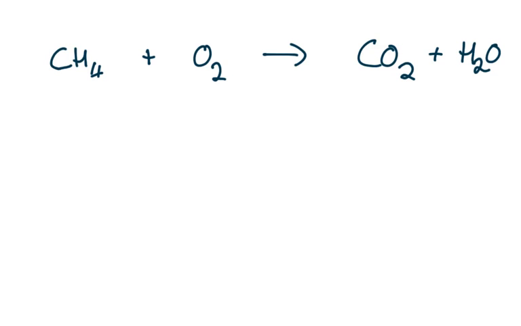Hopefully you've noticed that we've got 4 hydrogens here and only 2 here, and that in total we've got 2 oxygens there, and in total we've only got 3 on the other side. So we need to sort that out. So we need to balance this equation, and we balance it by popping a 2 in front of the water and a 2 in front of the oxygen.